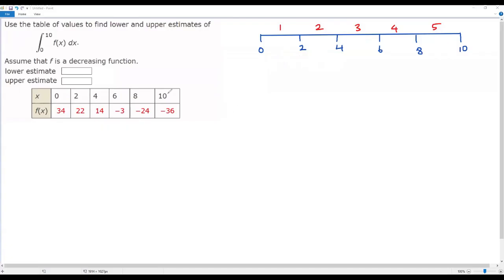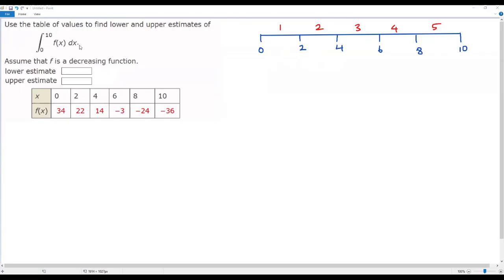Now we have to consider an important piece of information: f is a decreasing function. When f is decreasing, we can find the lower estimate by doing the right endpoint approximation of Riemann sums.